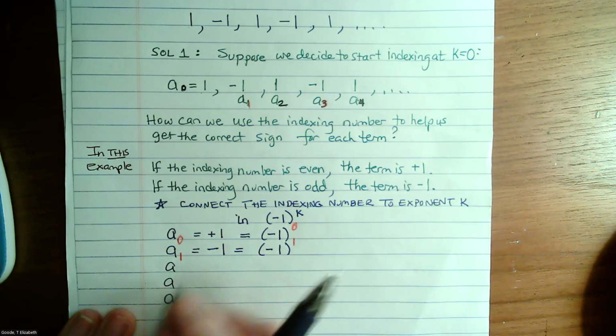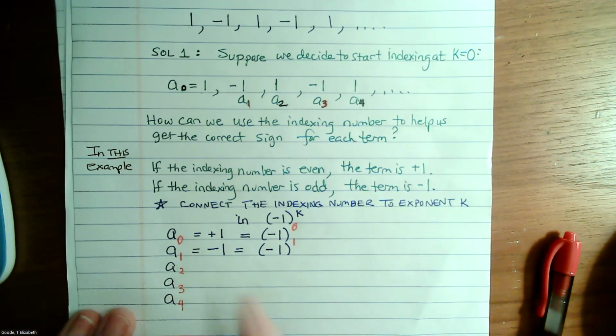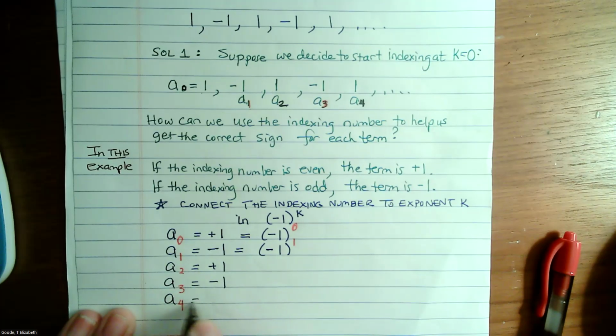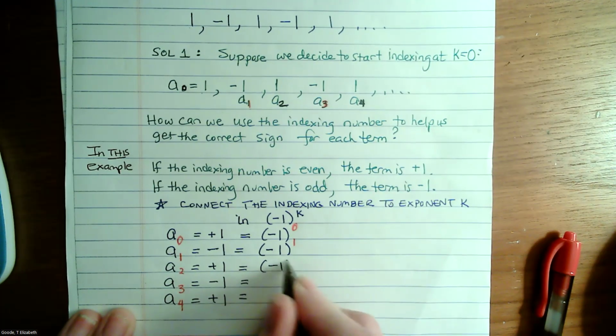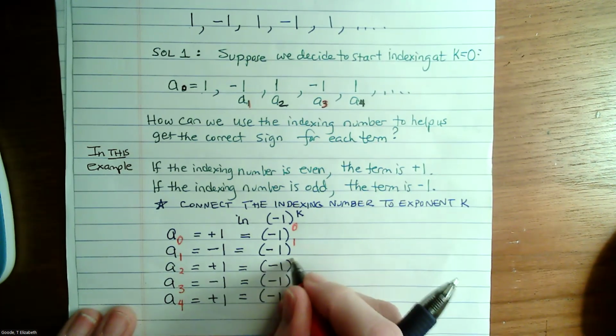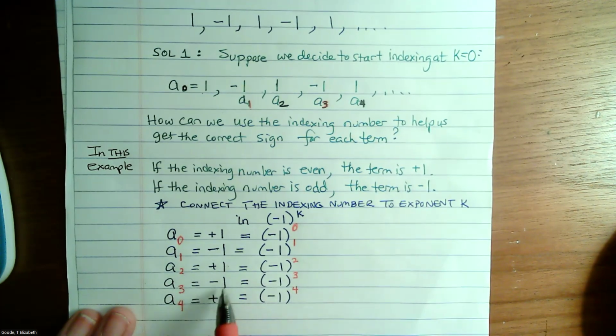So it works for 2 and 3 and 4, because we want to get positive 1 and then negative 1 and then positive 1. But that's what we'll get if we raise negative 1 to the 2 or the 3 or the 4. We get positive, negative, positive.